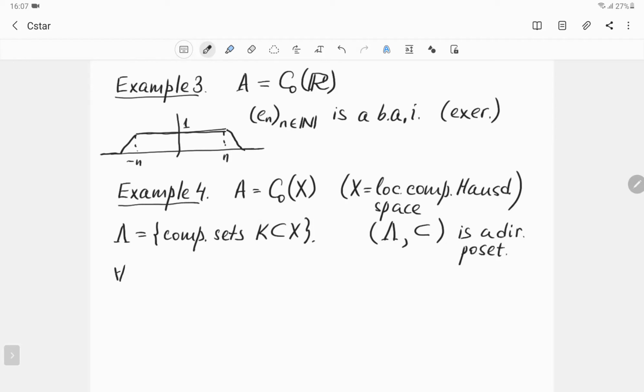Now for each compact set K, we choose a function ek in C0 of X such that this function is identically 1 on K, and such that the norm of ek is less than or equal to 1.